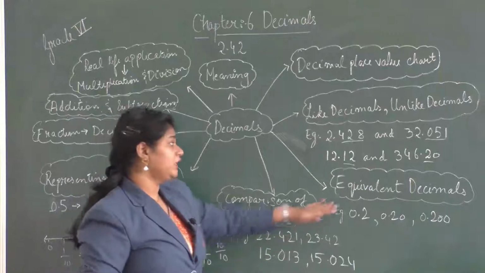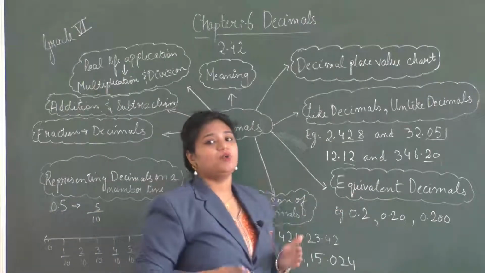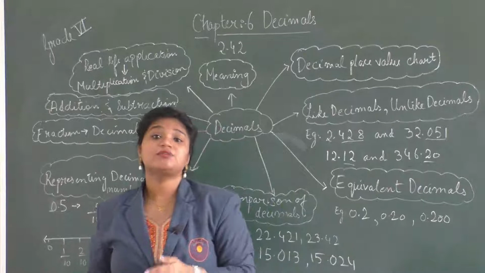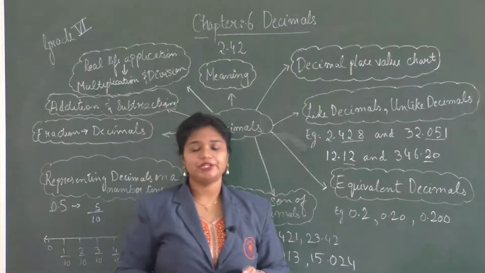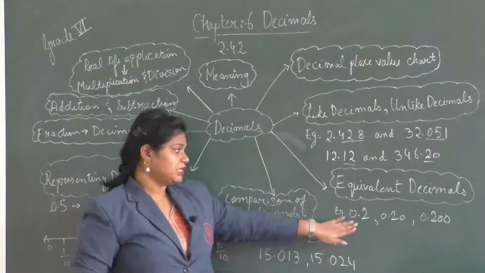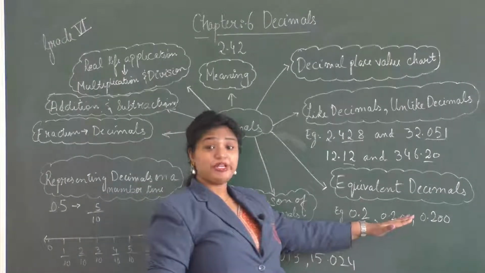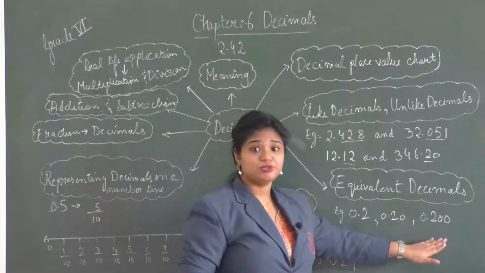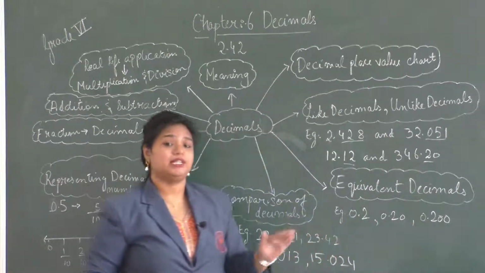Next we learned about equivalent decimals. Now what are equivalent decimals? The decimal numbers which have the same value are known as equivalent decimals. For example, 0.2, 0.20 and 0.200 are equivalent decimals.